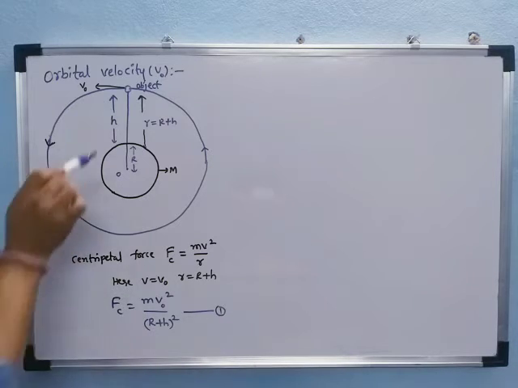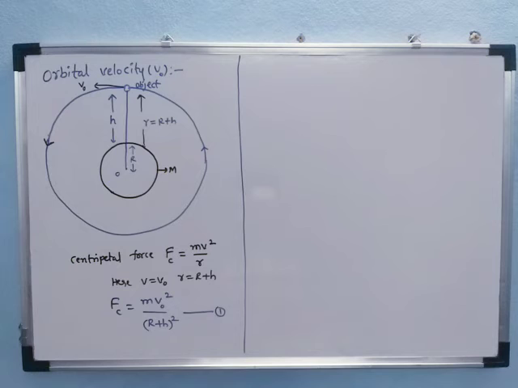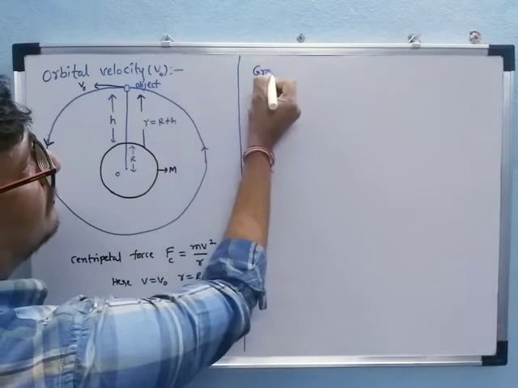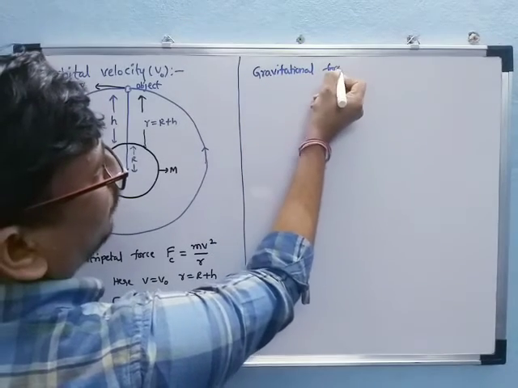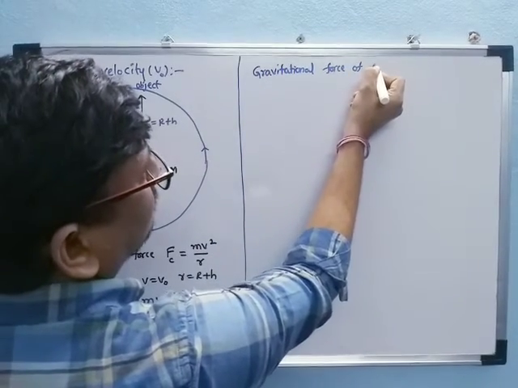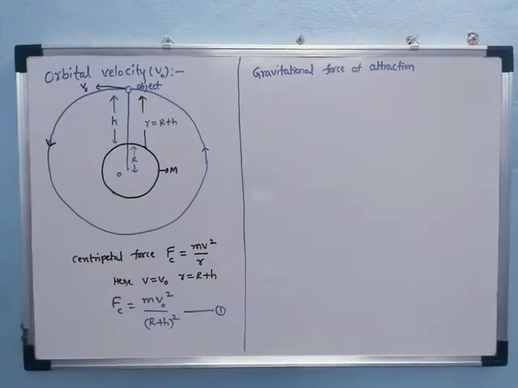And the equal and opposite force is the gravitational force of attraction. What is the formula for the gravitational force of attraction?